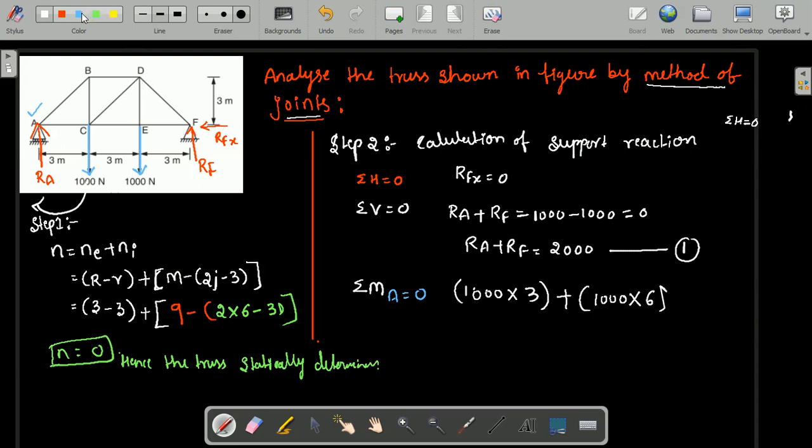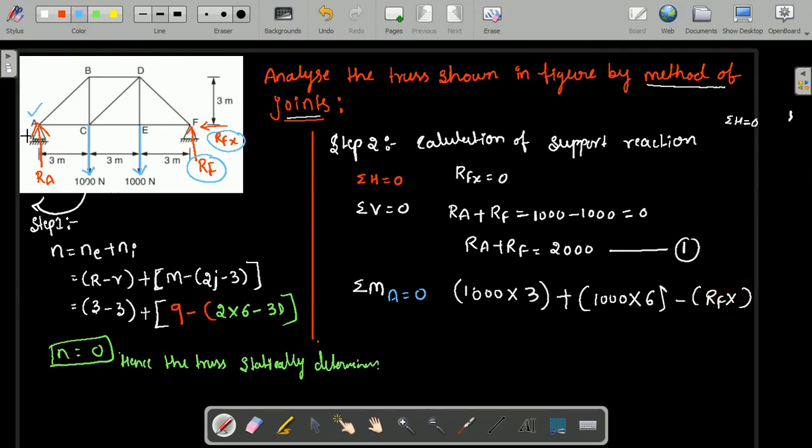And you just observe here, RF x is already 0 because we are not having any horizontal force. So we need to consider the moment due to RF about point A. What is the moment due to RF about point A? Minus RF into 9, because it is in the anti-clockwise direction.